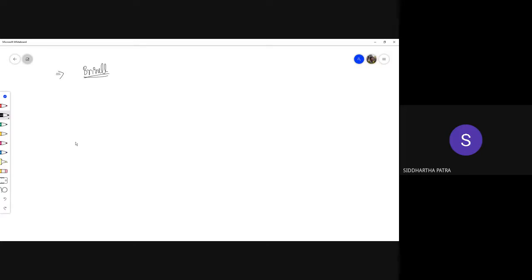So it's an indentation based test. Now an indentation based test could be of two types, but the idea is the same. You place a specimen on the anvil.